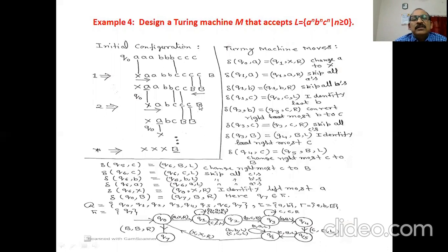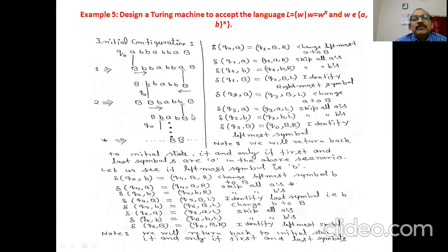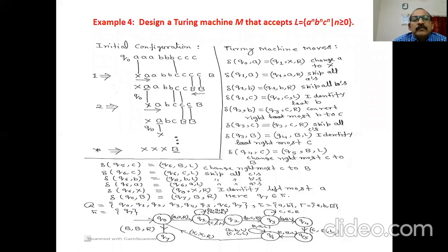When the capital B is encountered, we move in the left direction and remove two C's from the tape and move in the left direction. We repeat this process. Okay.